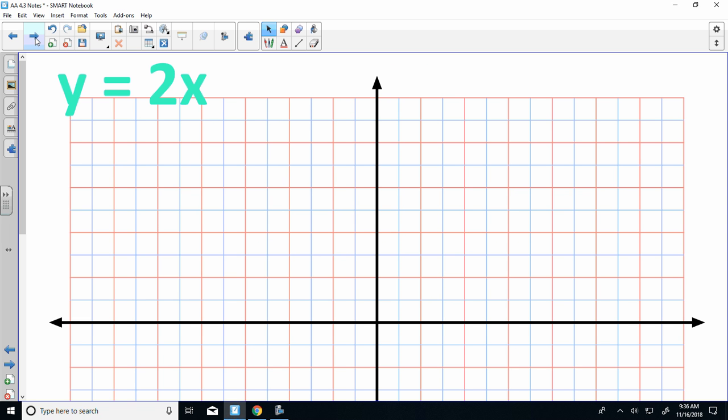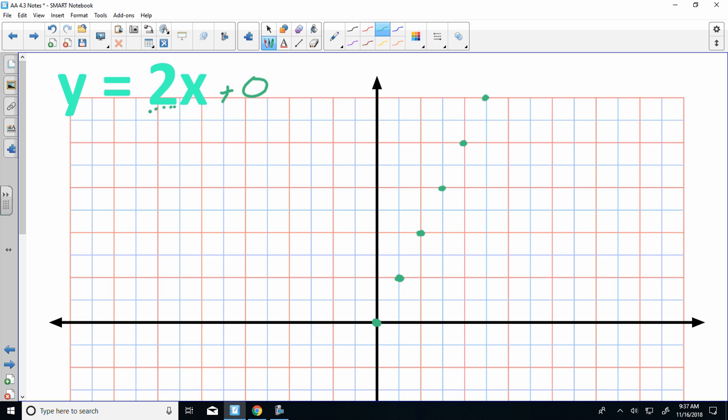So here we have an equation of y equals 2x, which is in slope-intercept form, but we're going to use point slope here in a moment. With this, if you were going to sketch the graph of it, there's a plus 0 after that. So that means it crosses the y-axis at 0, which is right here. And then the slope is 2, which means we have to go up 2 and to the right 1 from there, and then up 2 and to the right 1 from there, and continue doing that forever and ever.